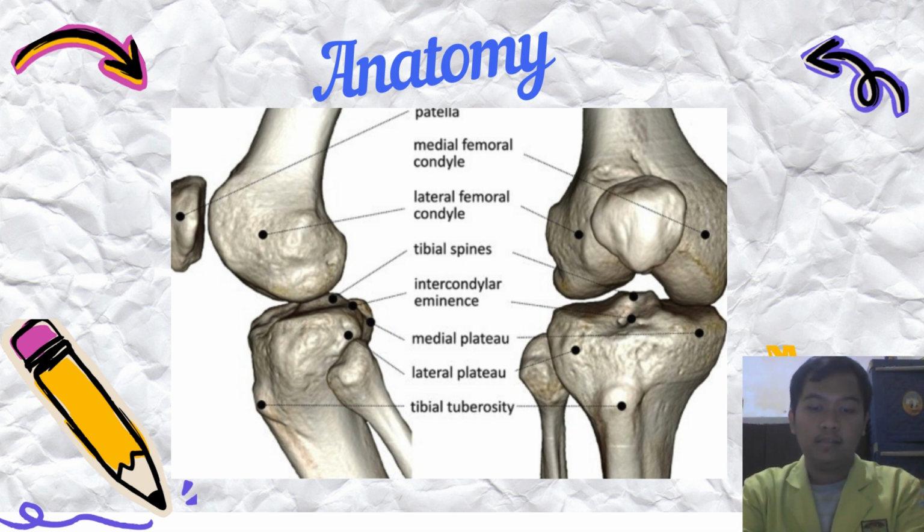The second is the medial femoral condyle. The third is the lateral femoral condyle and the tibial spine. Next is the intercondylar eminence. Next are also the medial plateau, lateral plateau, and tibial tuberosity. That is the anatomy of the knee joint.